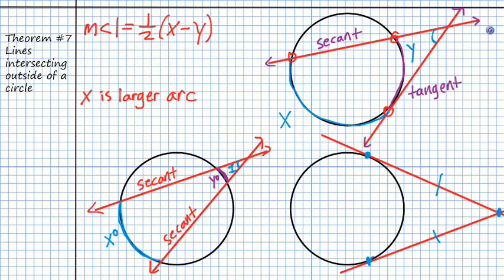So this intersection here is angle 1 in each of these cases. So the measure of angle 1 here will be, again, 1/2 x minus y, where x is this larger arc and y is this smaller arc.